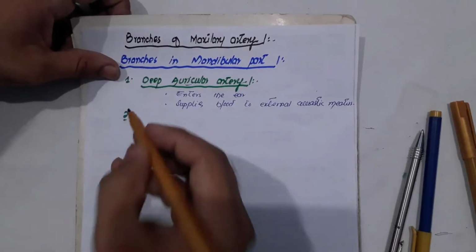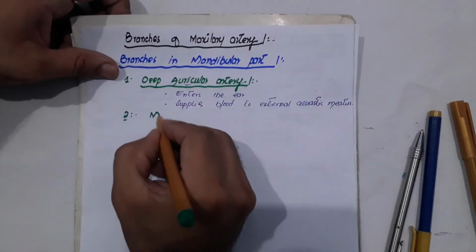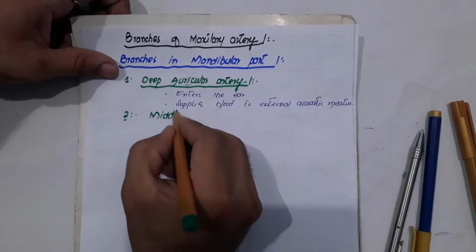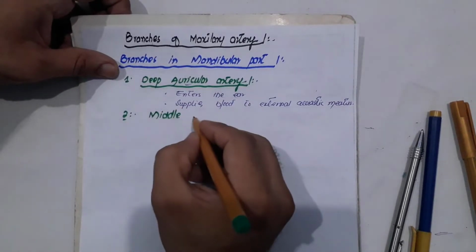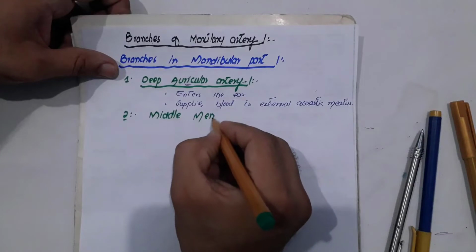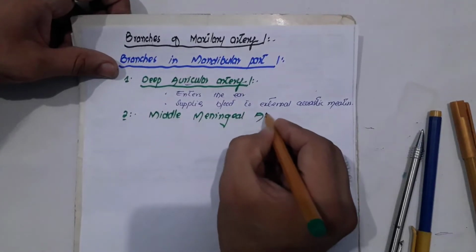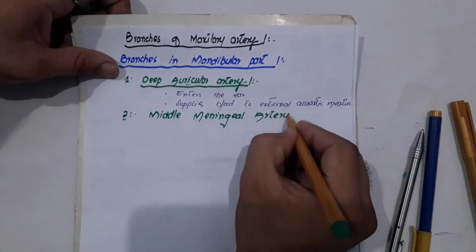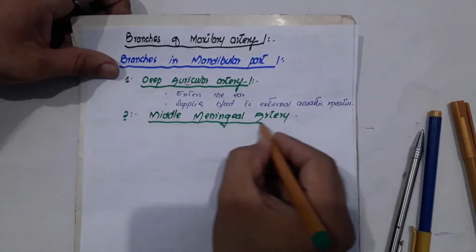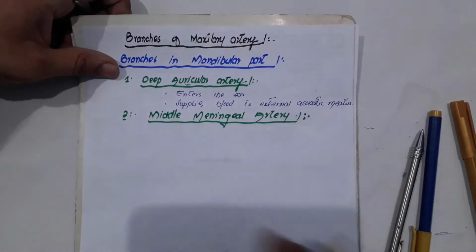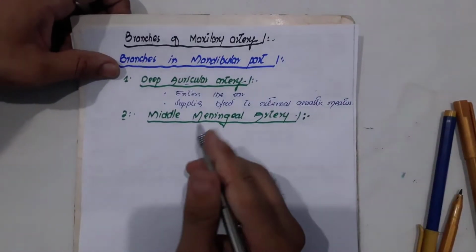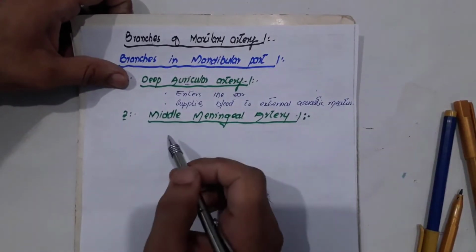What is the second branch? The second branch is the middle meningeal artery. Right? Middle meningeal artery. Very good. Let's see about this artery.